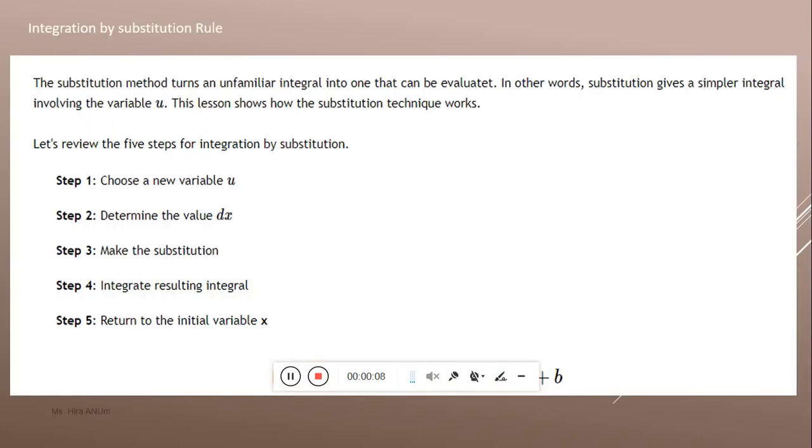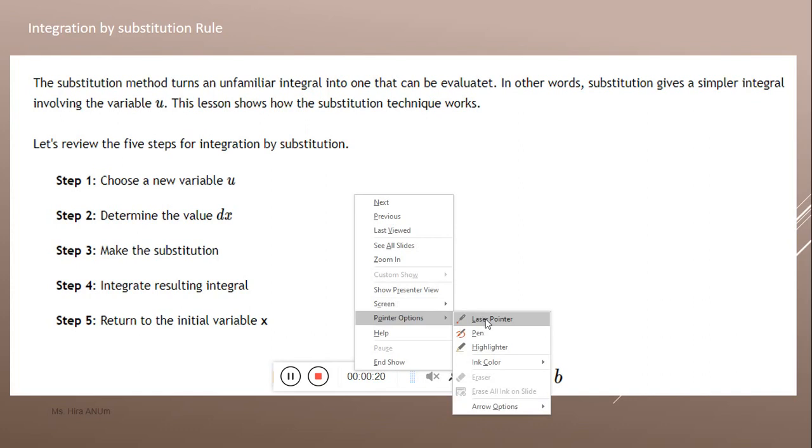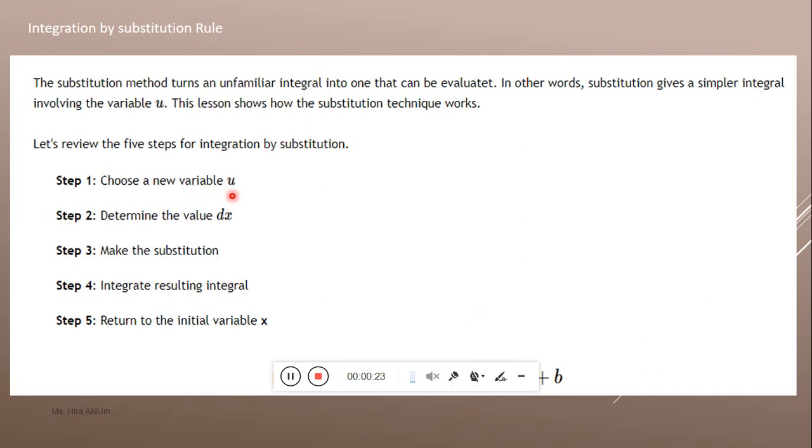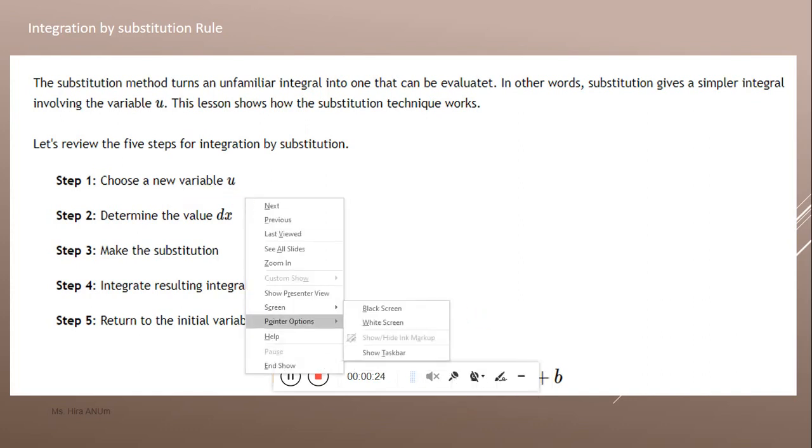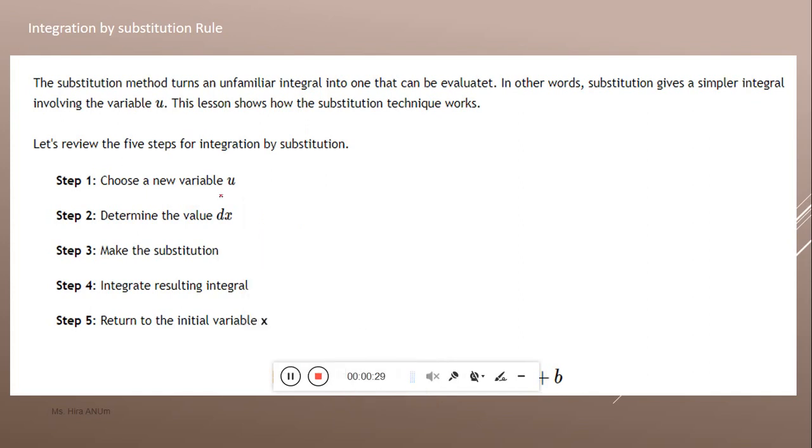In this we can have a variable like x. We can convert the x variable function into u, introducing another variable which is u, then change dx into du, because we introduce another function which is u.